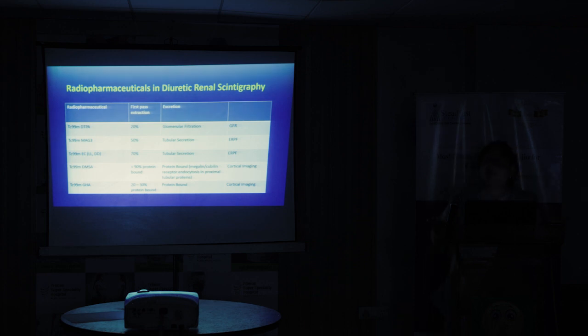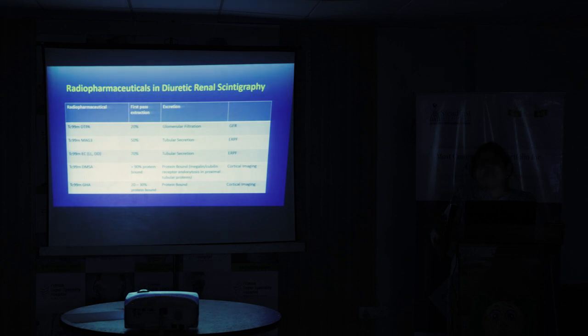These are protein bound, so they get attached to the megalin-tubulin receptor complex, and they are internalized in the proximal tubular proteins, and they give us a morphological imaging of the kidney.